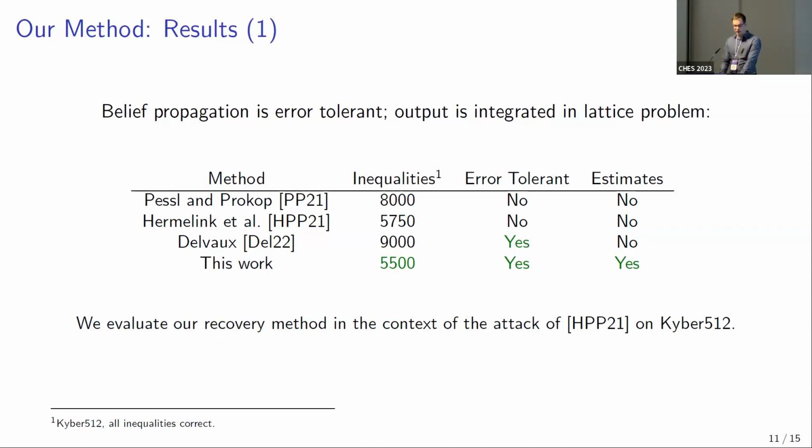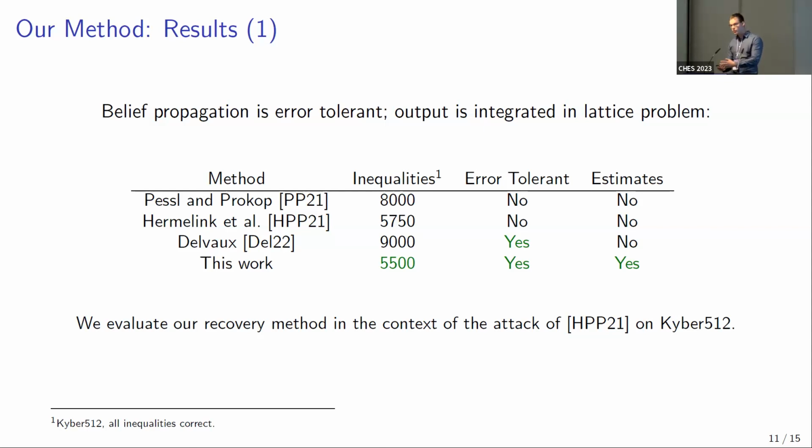This gives us a new key recovery method. This key recovery method achieves a lower number of inequalities for full key recovery. This is especially the case when we have incorrect information in our data set, in our inequalities. So in all the cases where we cannot determine whether a decryption failure happened or not with high accuracy, we achieve error tolerance. This is achieved by the belief propagation.